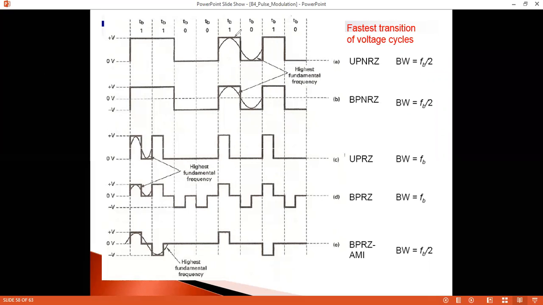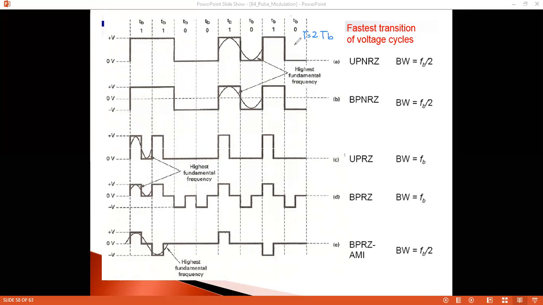Let's say for this bit sequence, the fastest transition is from here, and we have also a transition from here, but this sequence has a much faster transition. So this T here takes 2 TB. The time taken for this fastest transition is 2 TB.